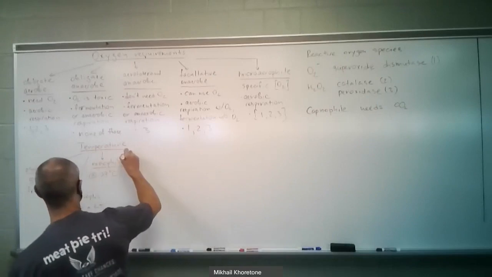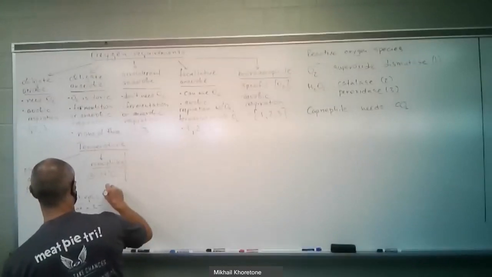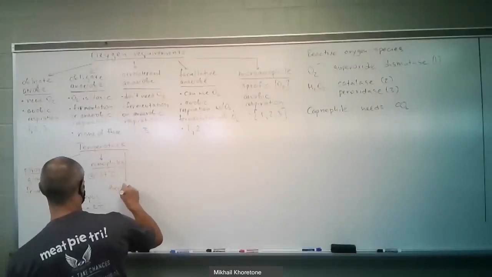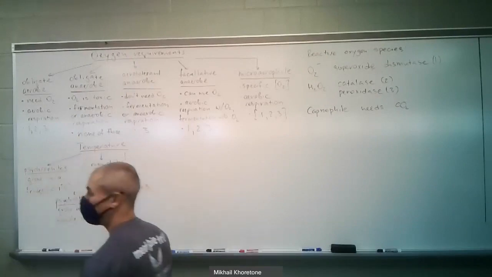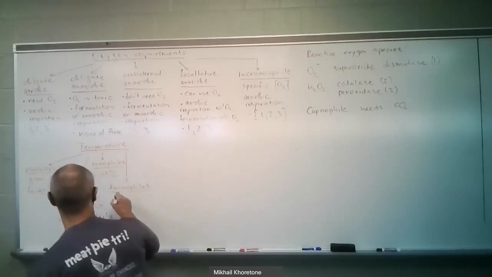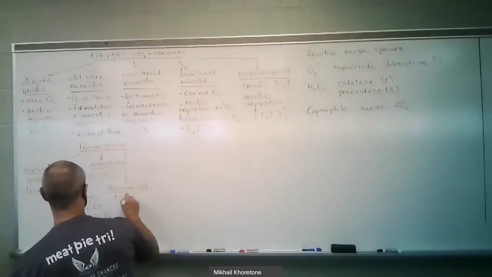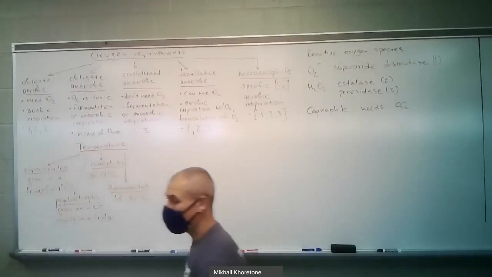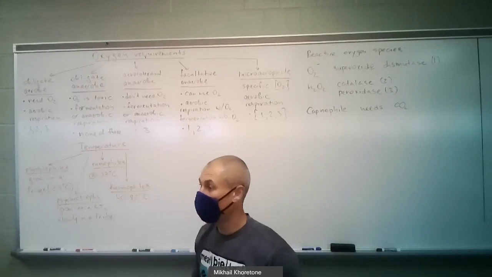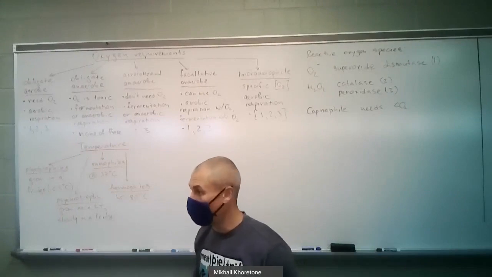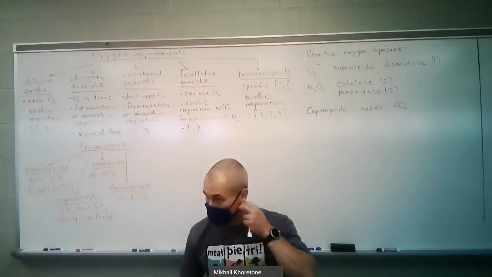Now, 2 groups here. Thermophiles. I mean, 45 to 80 degrees Celsius. So they kind of put it this way. They grow at the temperature of scalding water, not boiling, scalding.